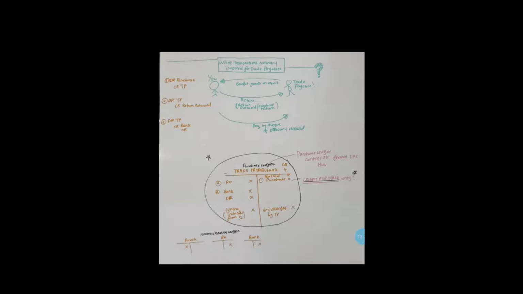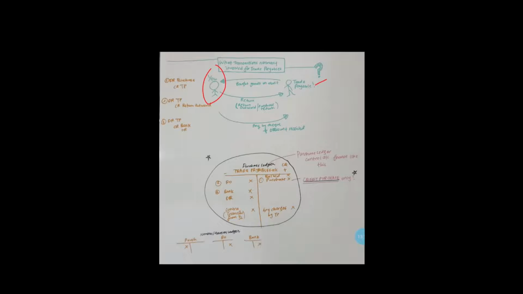So this is the credit purchase. What transaction is involved for trade payables? Credit purchase, when you buy from the trade payables. This is you. You buy goods from the trade payables, from the supplier.